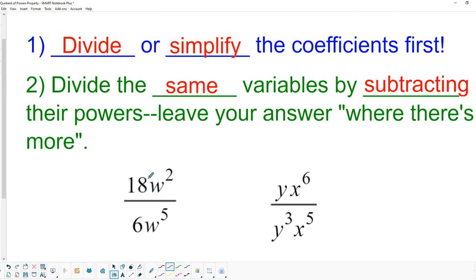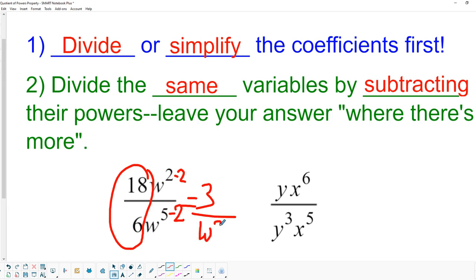Okay, so we're going to start with our fraction, or the coefficients. 18 over 6 simplifies to be 3. And then as far as our exponents, there's more on the bottom than there is on the top, so we're going to subtract the top exponent from the bottom, which would leave us with w to the third power.